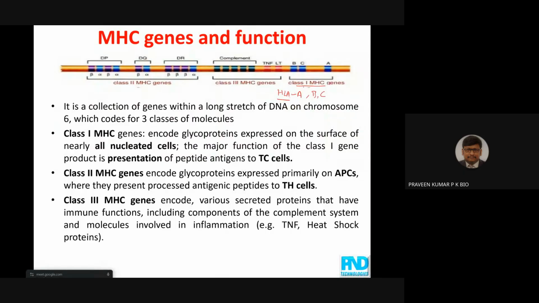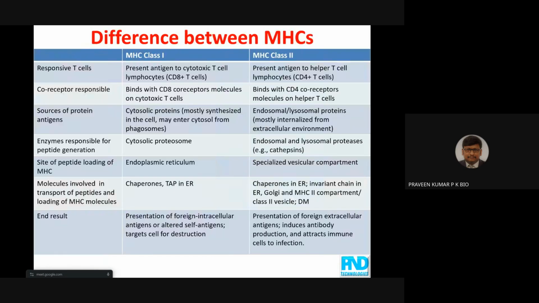HLA genes code for class 1 MHC proteins, and these are the main genes. Similarly for class MHC2, HLA-DP, DQ, DR. These are the three important genes we have to remember.